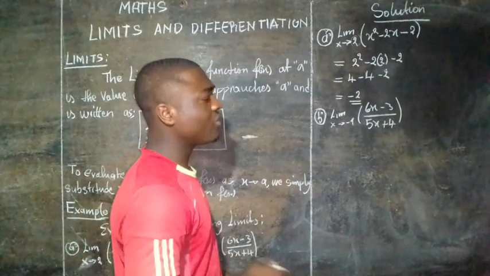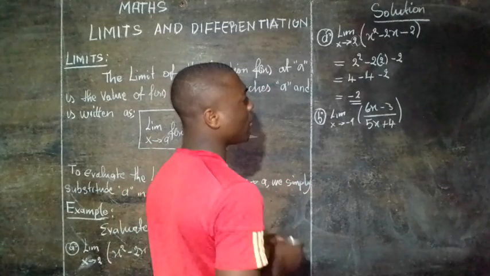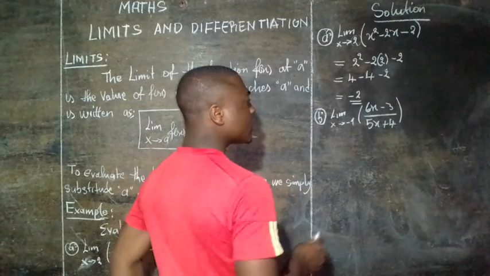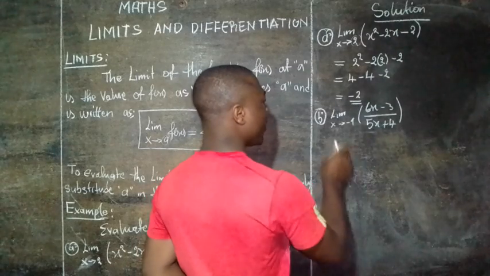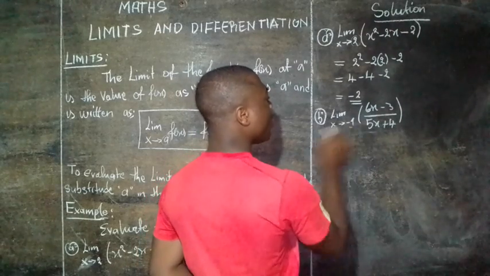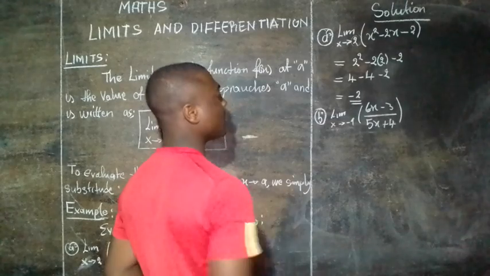And what is the principle we've learned in this case? We've learned that anything given to us in this form, once we see this, we know that in the function f of x, wherever we have x, we shall be replacing it by what? By negative 1. So that is what we will apply here. That is what is expected of us here.